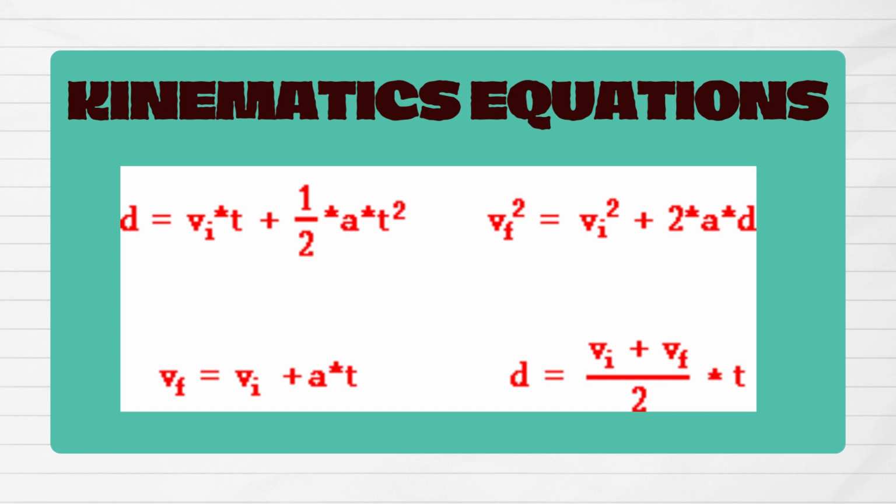And then the v stands for the velocity of the object. A subscript of i after the v, as in vi, indicates that the velocity value is the initial velocity value. And a subscript of f, as in vf, indicates that the velocity value is the final velocity value.